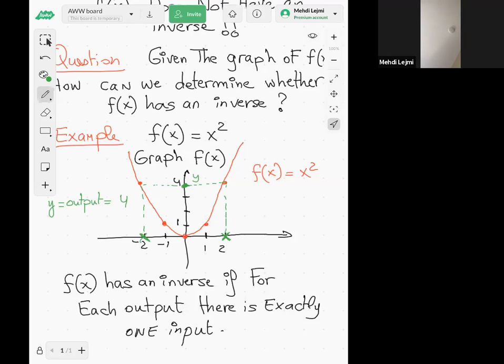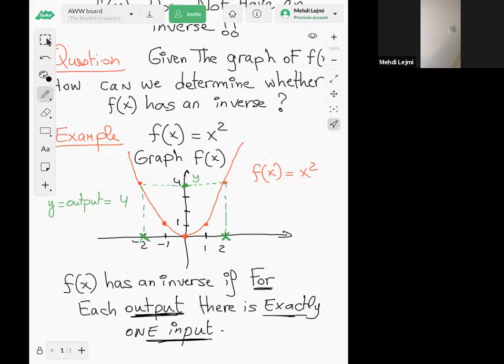So the output 4 actually has 2 different inputs. That's why this function x squared has no inverse. Because again, the rule is that for each output, there's exactly one input, and for this output 4, we have 2 possible inputs, the -2 and +2.